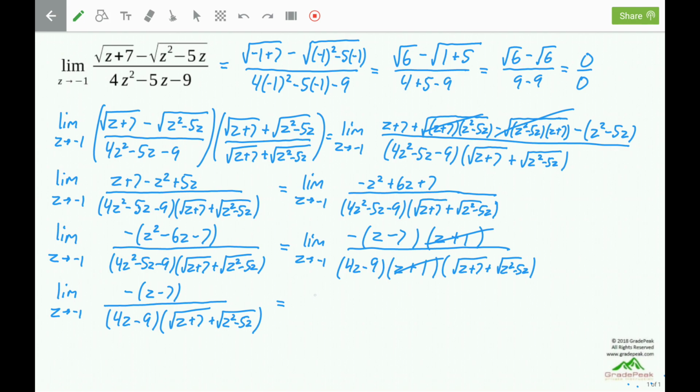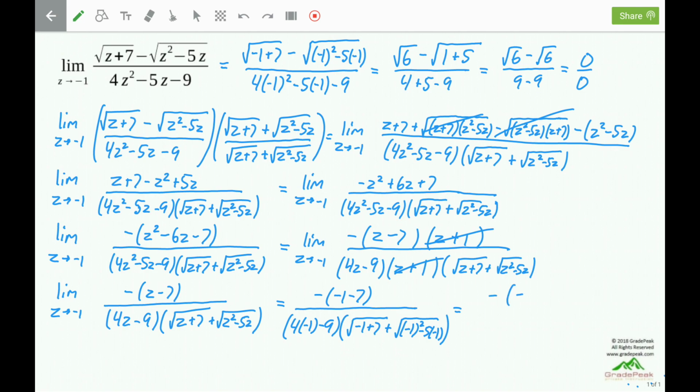So in the numerator, that will give us a negative of -1 minus 7. In the denominator, we will have 4 times -1 minus 9 times the root of -1 plus 7 plus the root of -1 squared minus 5 times -1.